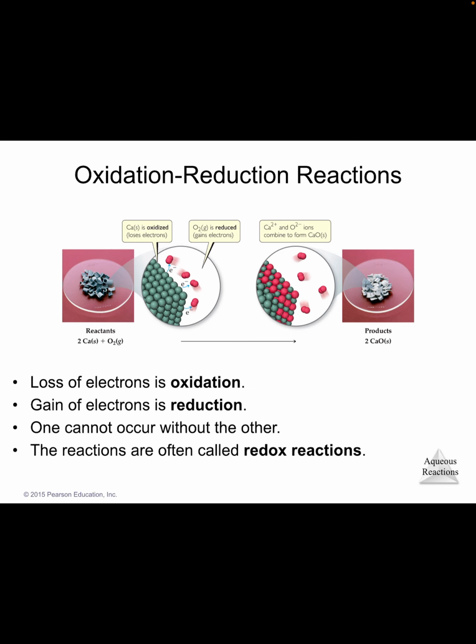And a lot of times, reactions get classified in other ways as well. So you can have a redox reaction that is also, for example, a double displacement reaction. Some of these categories overlap, is my point.